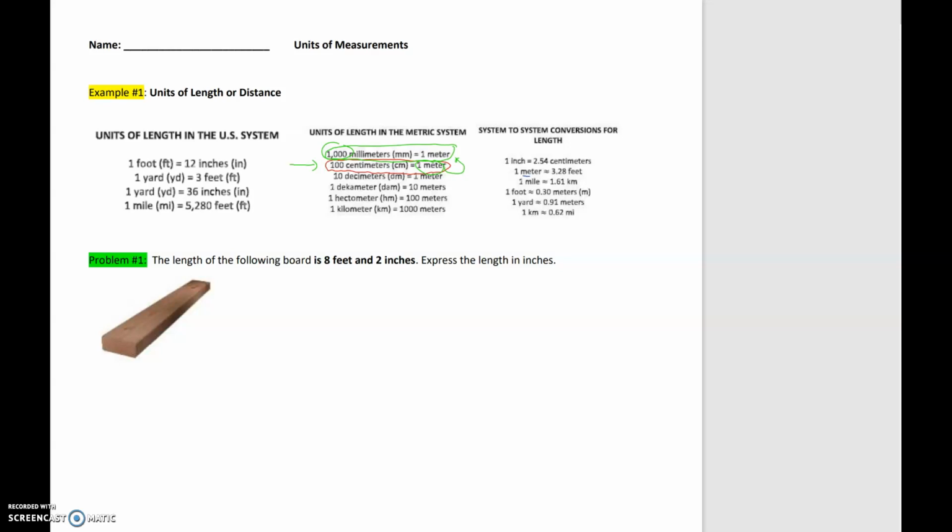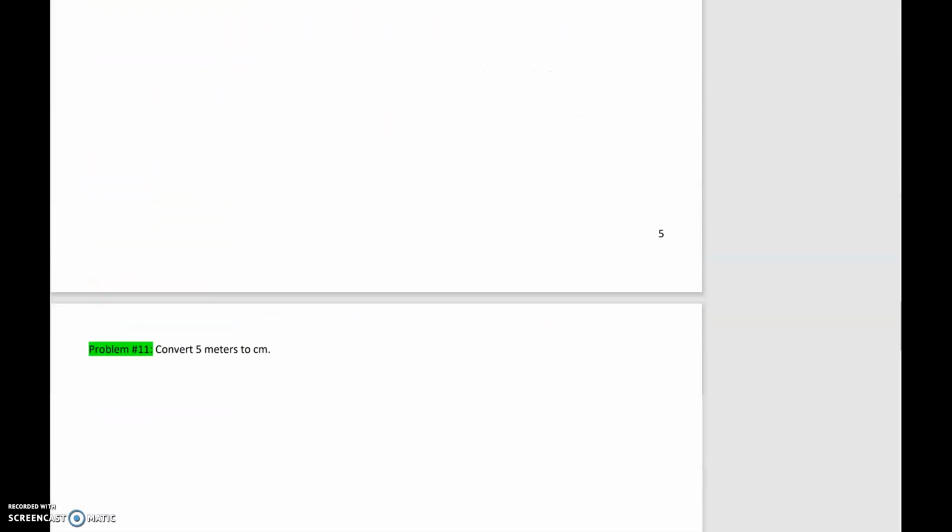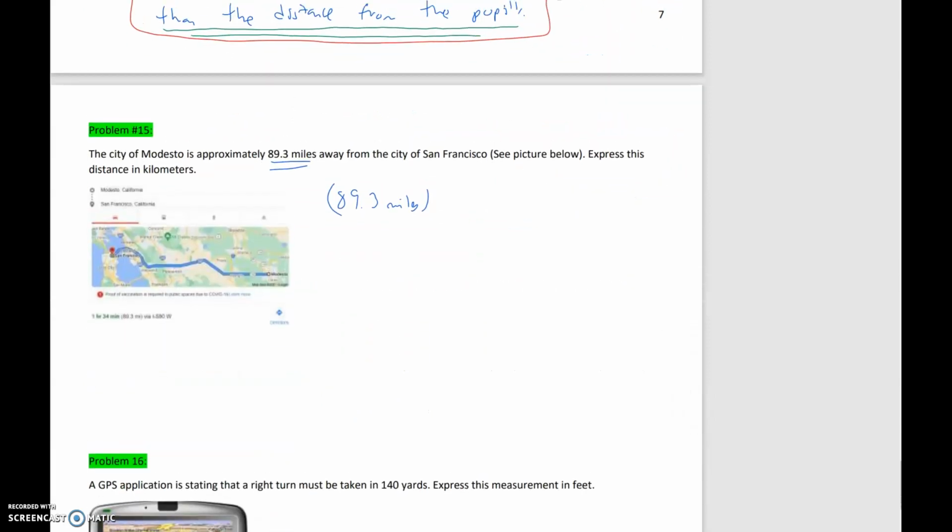Let me use this one because I don't think we used this one before. 1 mile is 1.61 kilometers. So in this case, we're going to rewrite it as 1 mile is 1.61 kilometers.